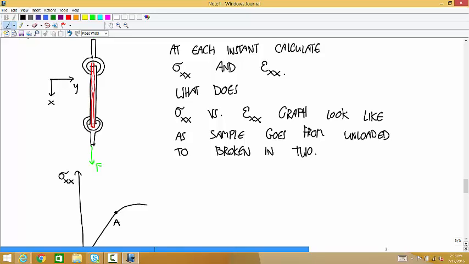But that change in area is so small, you might as well just keep using the undeformed cross-sectional area. But as these deformations keep getting bigger, there starts to be a noticeable difference between the stress you would calculate using the undeformed cross-sectional area and the stress you would calculate using the current deformed area.